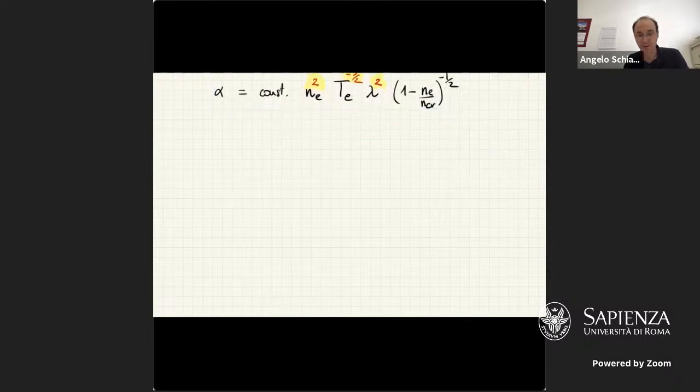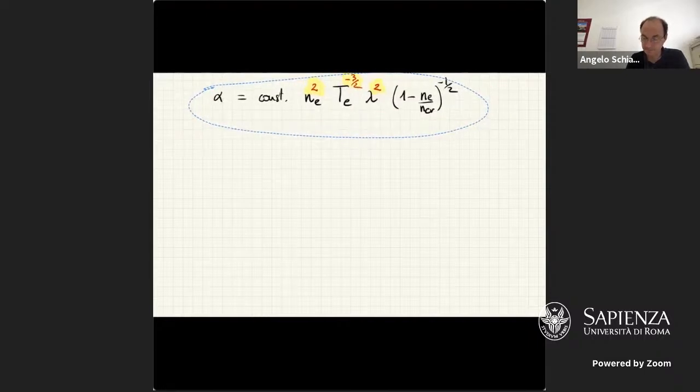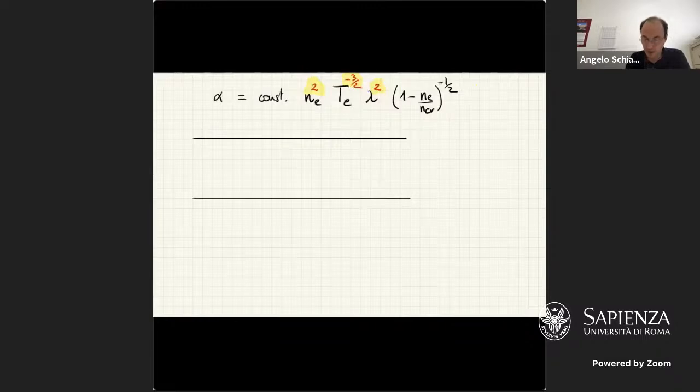And let's discuss the situation when we have a uniform plasma. Let's suppose to have a column of plasma contained inside whatever. So we have a region of uniform plasma here. And we send through the plasma two different wavelengths.